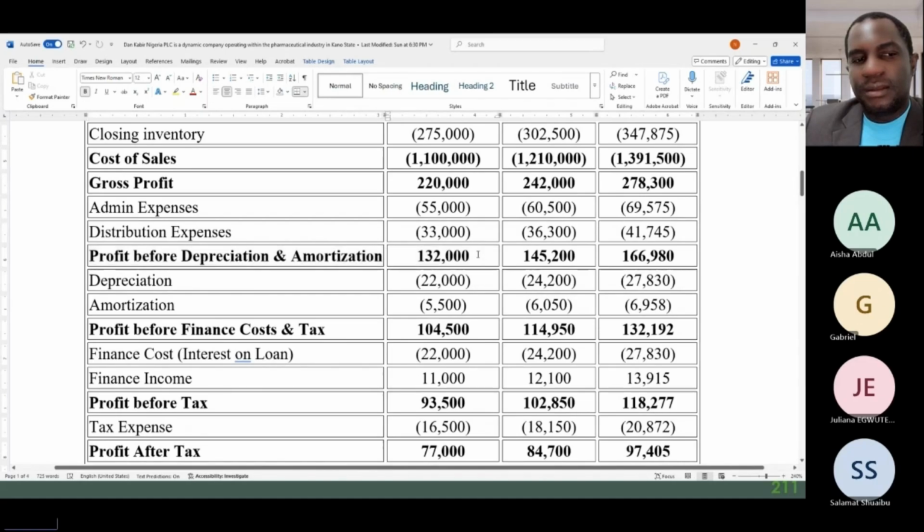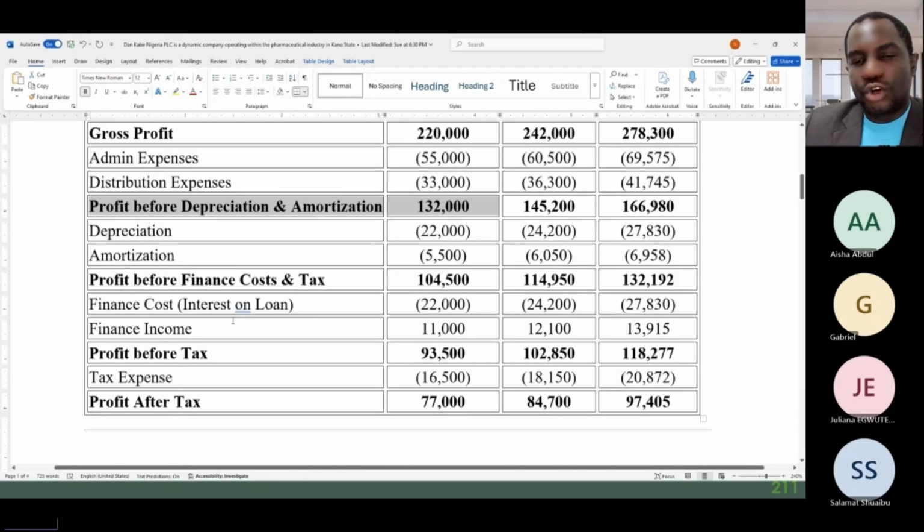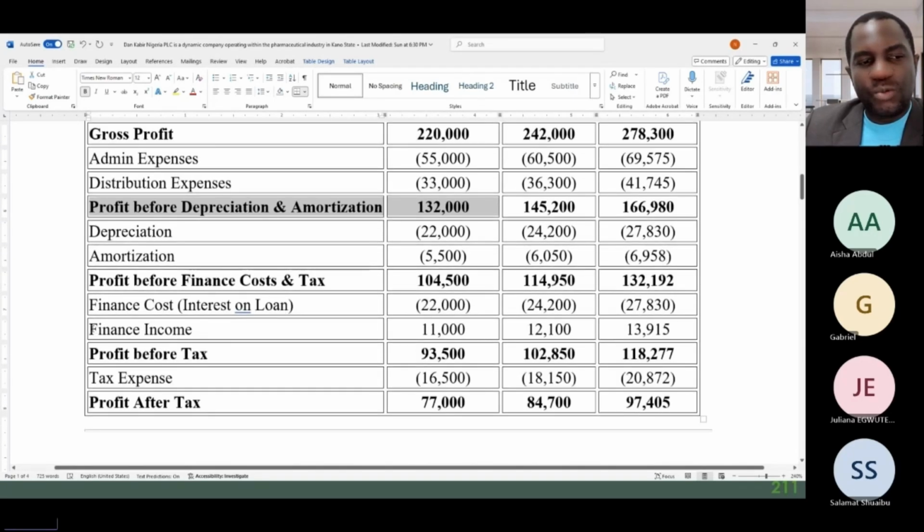Julie can say, why didn't we just pick this depreciation and amortization? You won't do that because you want to understand the deductions and the additions, especially where you have finance income. If there was no finance income in this place, we will not do all the journey of working back, deduct, deduct, deduct. We'll just come to 132 and pick it as our EBITDA.